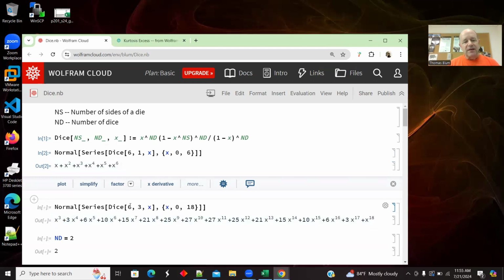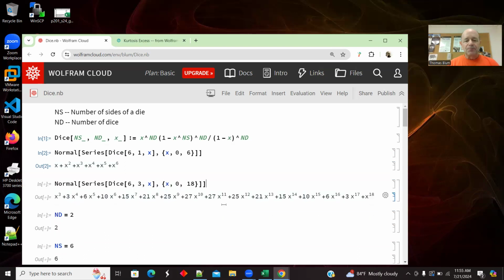Now, if I take the same game, but I'm going to stick with a six-sided die for now, but I'm going to have 3 of them. So I'm going to make ND 3, and I'm going to expand it. It goes up to 18. I could just make this series a large number because it really does stop at 18, and then Normal would throw away any extra stuff.